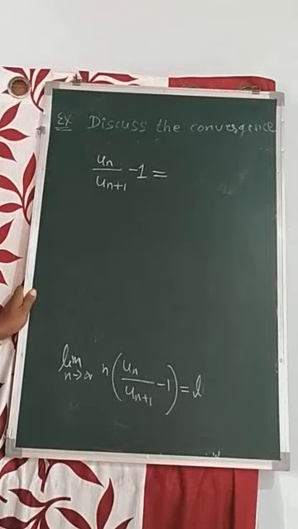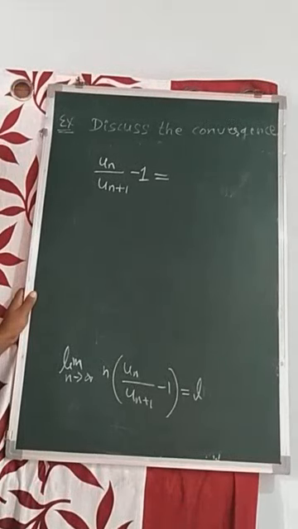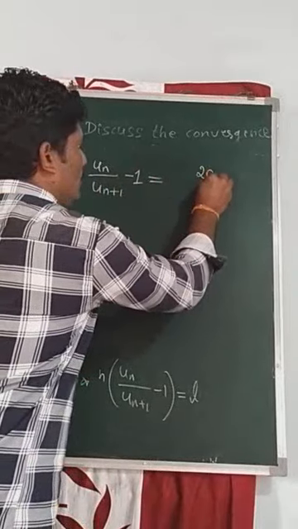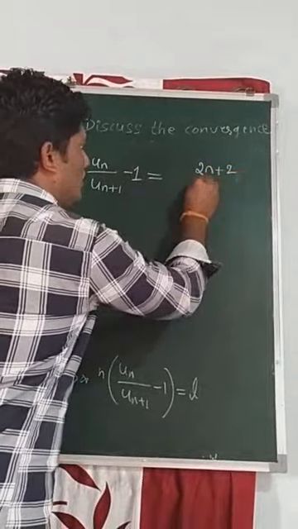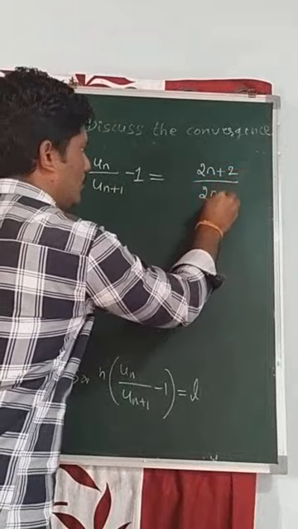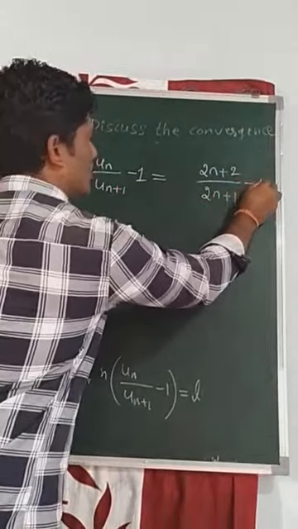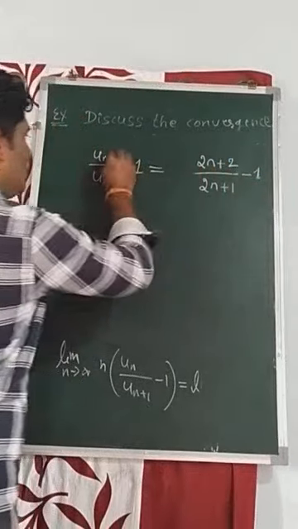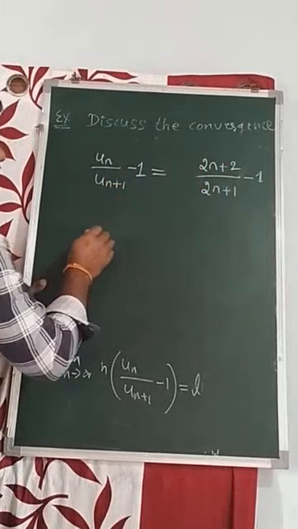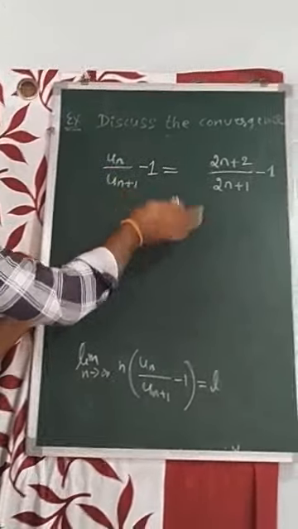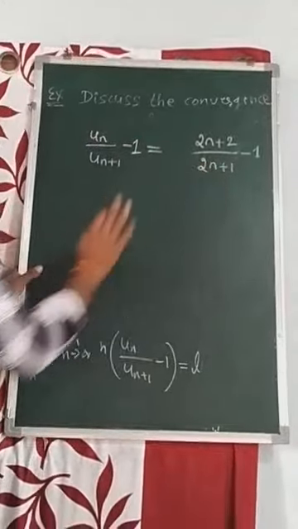Reverse this condition: un is 2n plus 2 divided by 2n plus 1, reversing the element, minus 1. You know the value of un plus 1 divided by un in the D'Alembert's ratio test; taking the elements reverse.